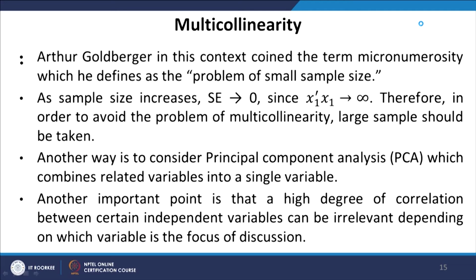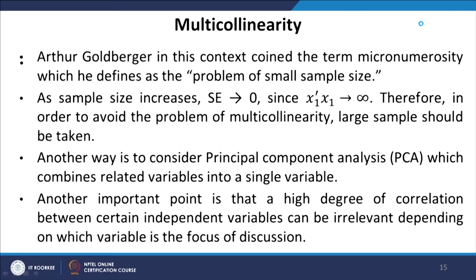Therefore, in order to avoid the problem of multicollinearity, a large sample should be taken. So, one solution is to take a large sample where an increase in x j prime x j would offset any possibility of a high R j square value. Another way is to consider principal component analysis, which combines related variables into a single variable.